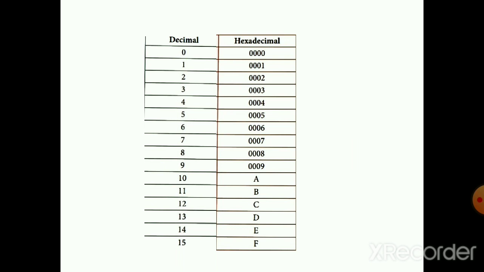Next, in decimal numbers, after 0 to 9 we count 10, 11, 12, 13, 14, which is the normal counting of the decimal number system.